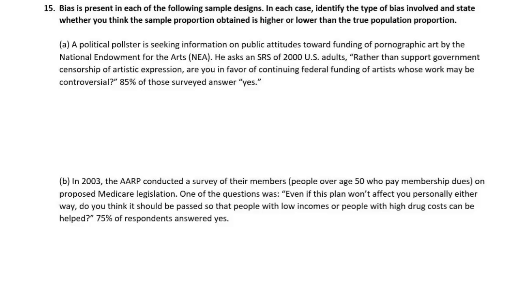So in part B, it says in 2003, the AARP conducted a survey of their members, people over age 50 who pay membership dues, on proposed Medicare legislation. One of the questions was, even if this plan won't affect you personally either way, do you think it should be passed so that people with low incomes or people with high drug costs can be helped? 75% of the respondents answered yes.